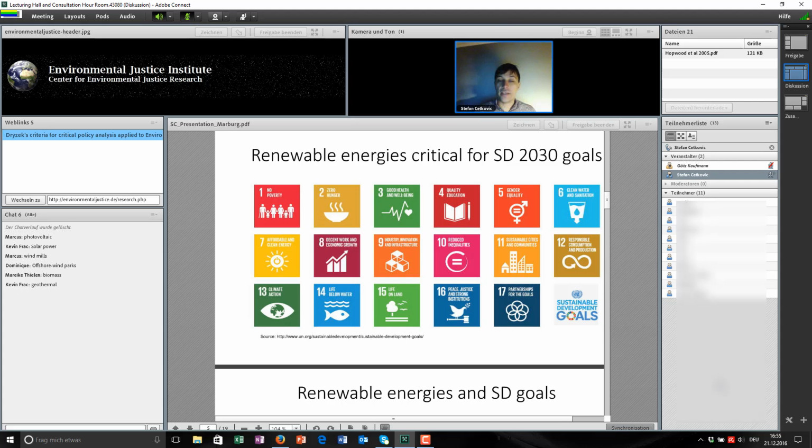This is very contested, and also what Götz was talking about: the extent to which economic growth is really necessary for achieving sustainable development, and whether the understanding that we need to grow infinitely is actually an obstacle to achieving genuine sustainable development. Okay, so these are the new sustainable development goals based on this Agenda 2030.